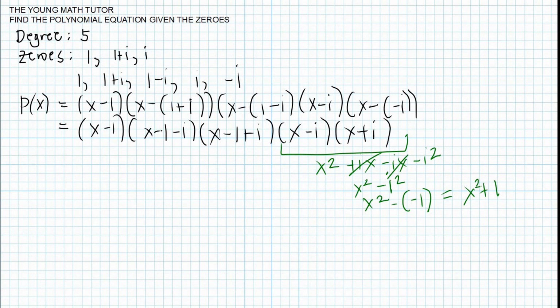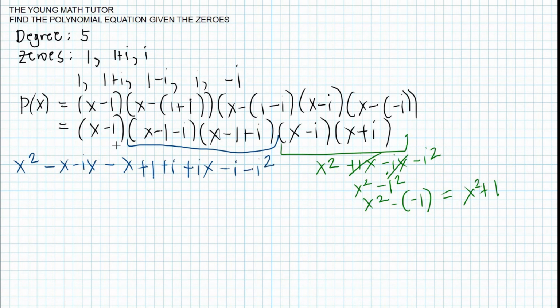Now let's try the other two imaginary roots, so we can just use the distributive property. So let's begin with x. That would be x squared minus x minus ix minus x plus 1 plus ix plus ix minus i squared.